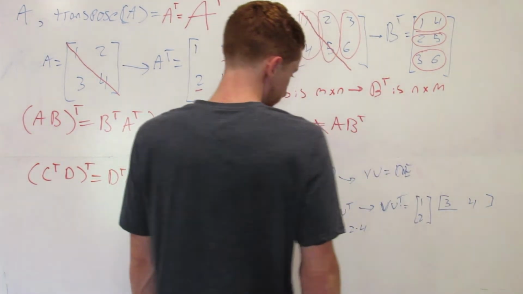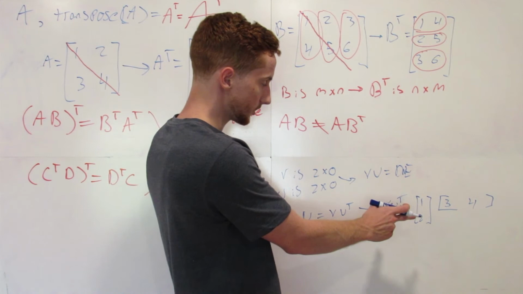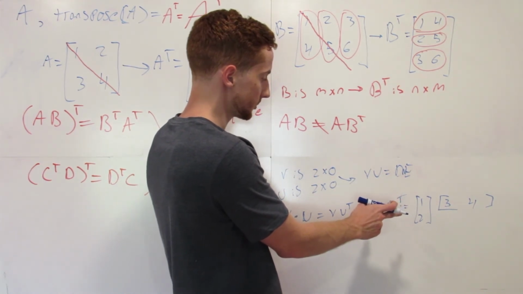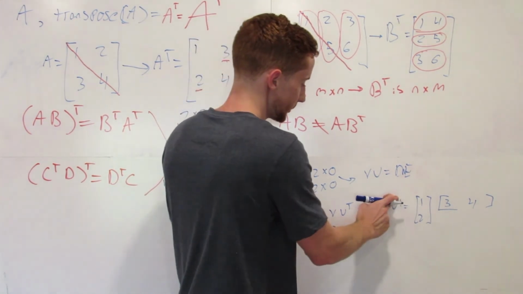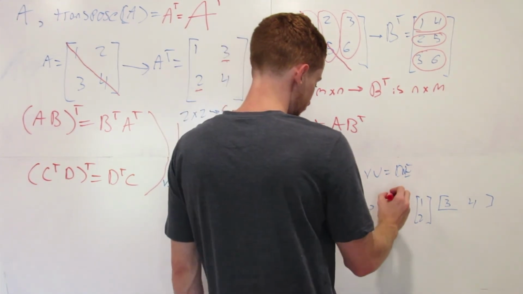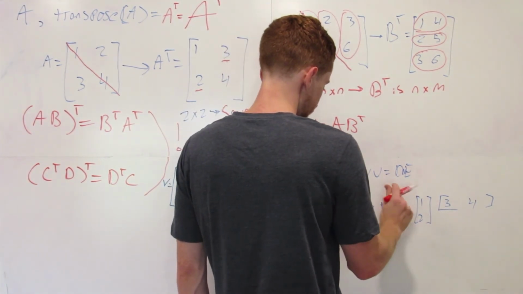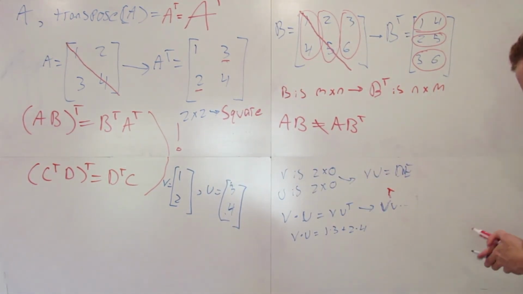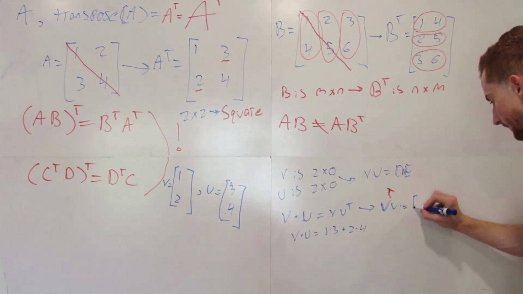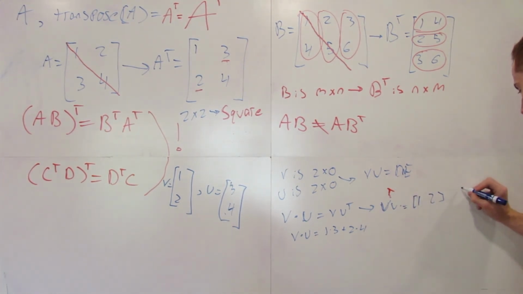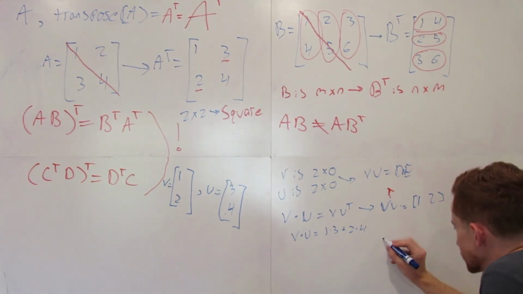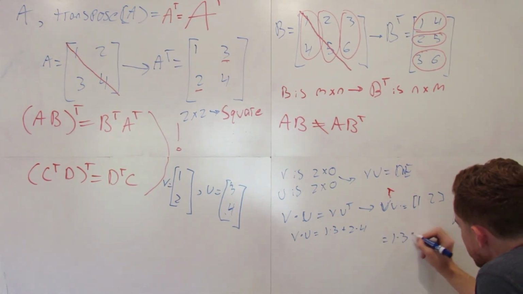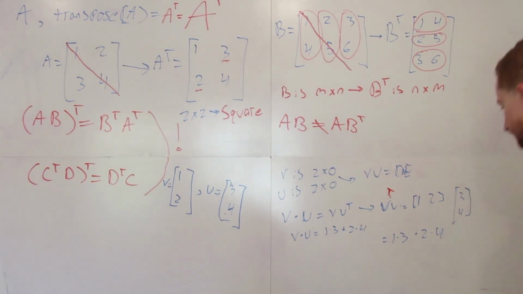Sorry, I think I messed this up. The transpose is actually supposed to be on the V. So with the transpose on the V, we have [1, 2] times [3, 4], which is again just equal to 1 times 3 plus 2 times 4. So that's just a quick thing to note.